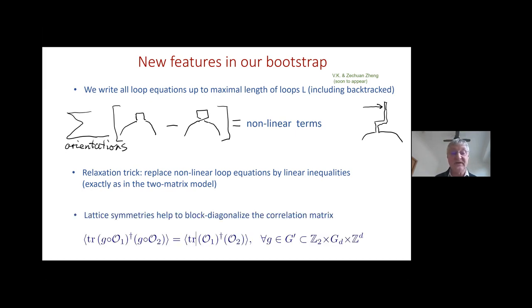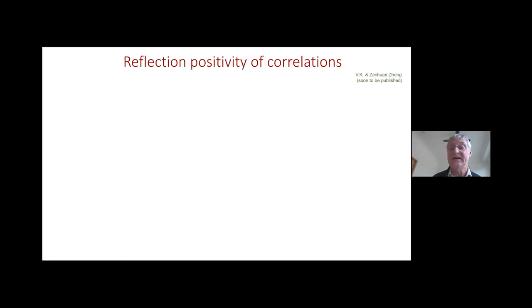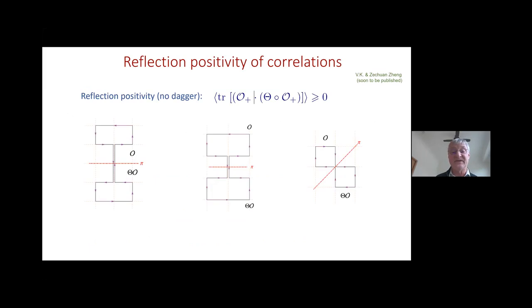And also we use the lattice symmetry a lot. It's a new ingredient. Because we have the symmetries, we can block diagonalize the correlation matrix, reducing enormously the amount of work for the SDP solver. Then we use the reflection positivity condition.